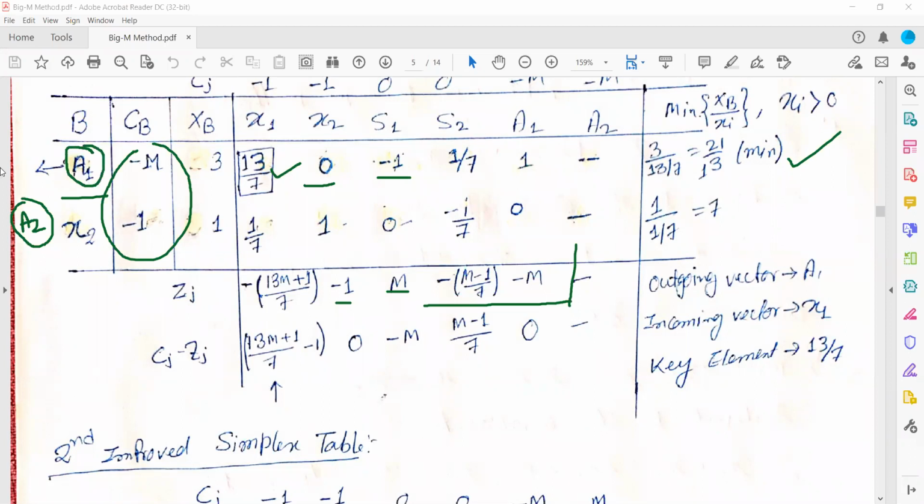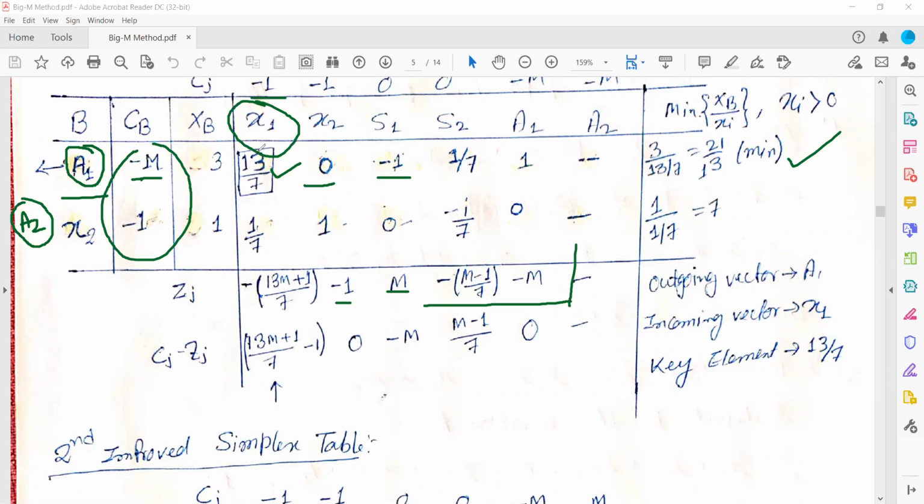So A1 is the outgoing vector, and in the key column, which vector is there? X1 is there. So X1 is the incoming.